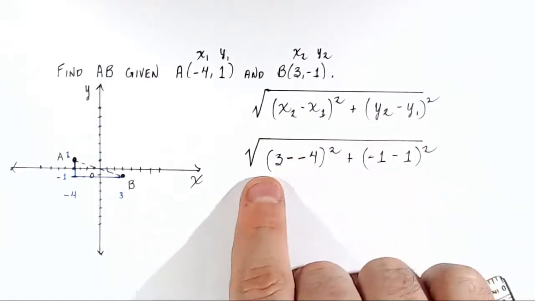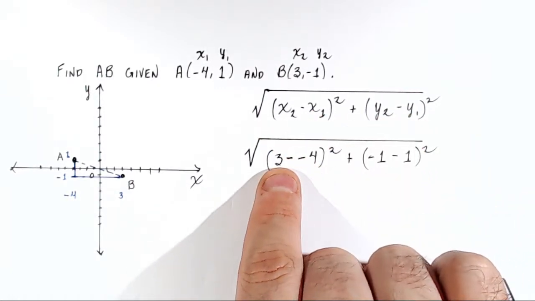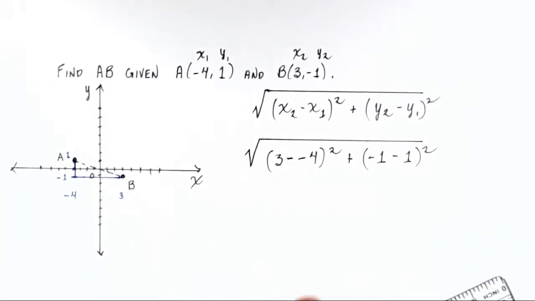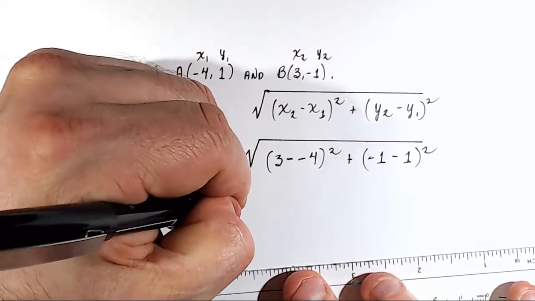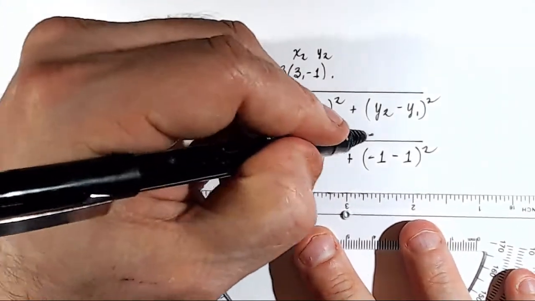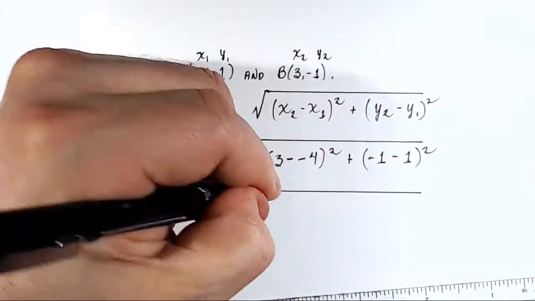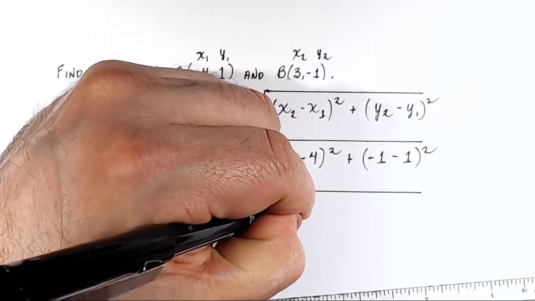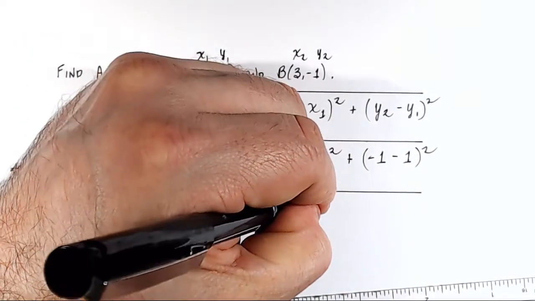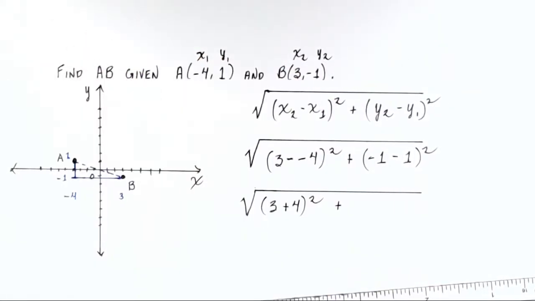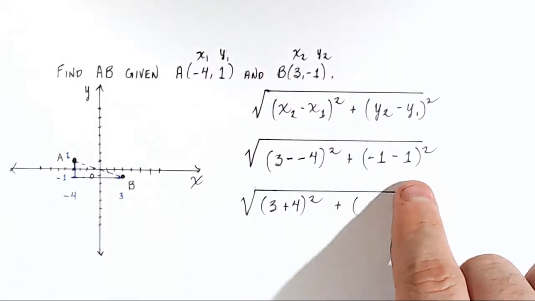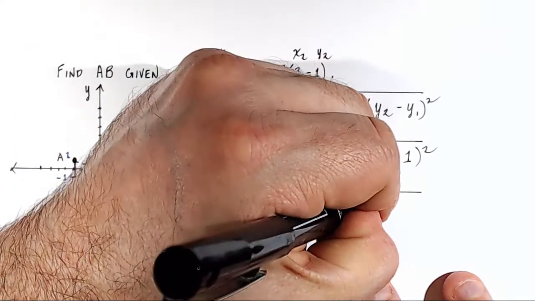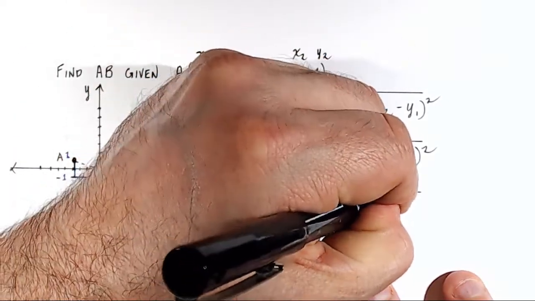These are subtracted, so in this case we're going to have 3 minus negative 4. Two negative signs become a positive sign. So when we rewrite this again, it's the square root of, open parentheses, 3 plus 4, close parentheses, squared, plus, open parentheses, what's negative 1 minus 1? Negative 1 minus 1 is negative 2, squared.